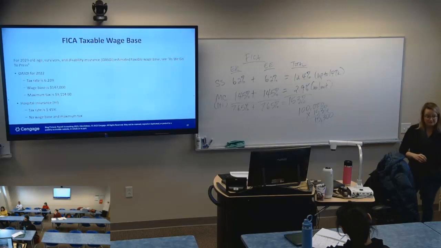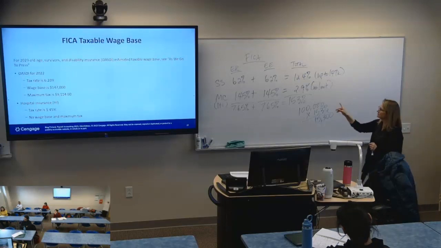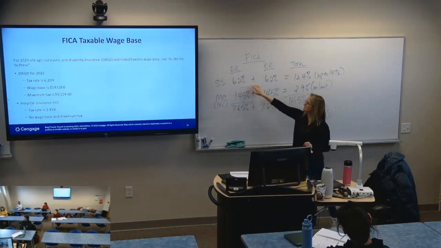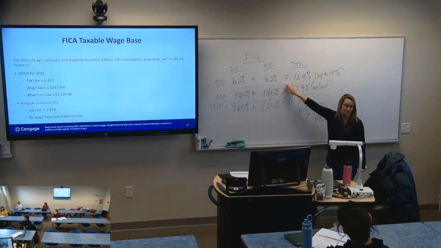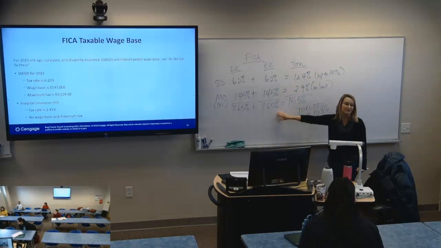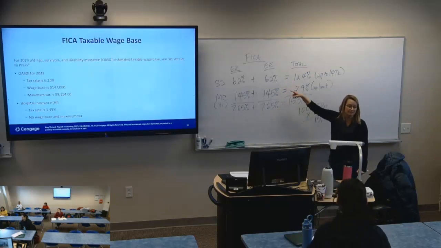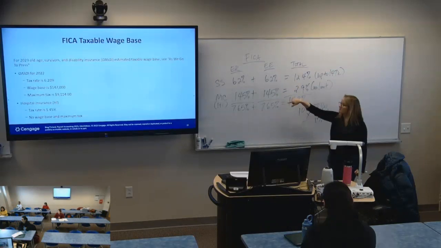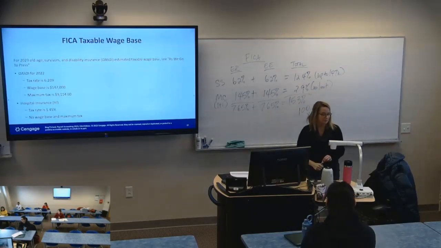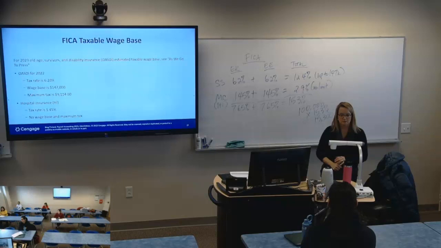If it's over 147, remember, for the Social Security part we're going to stop calculating anything over that 147. But for the Medicare part, we're going to have to do two different calculations to figure out how much tax is owed. This up to the 147, this up to infinity. And we've got some problems that we can work on that go through that.